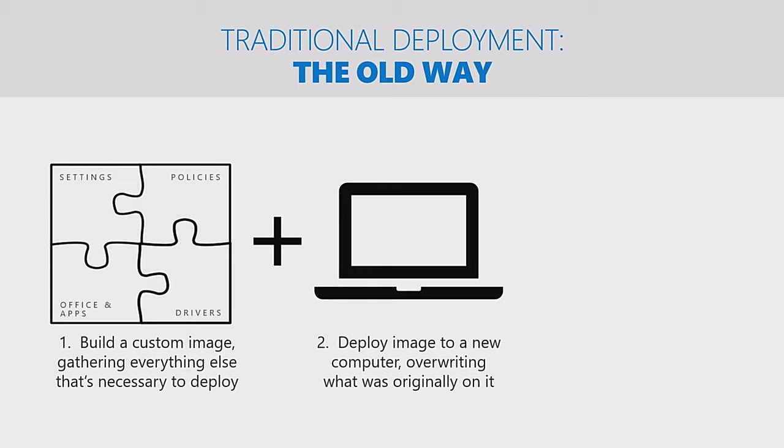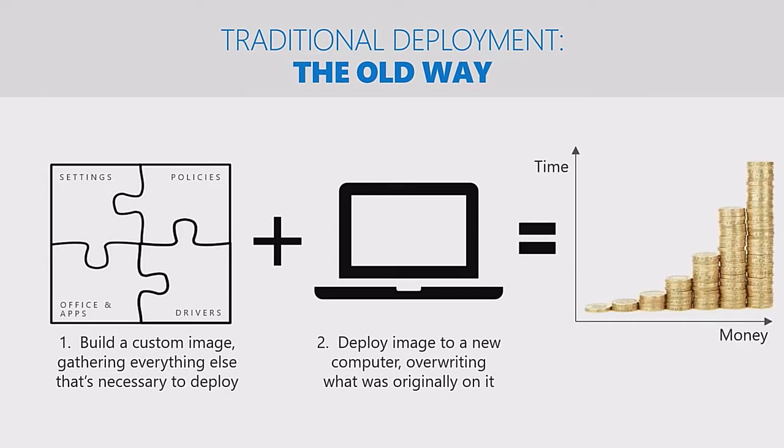You would make sure that you have all of the apps ready to be installed either on top of that image or as part of that image. And then you build up a process around that to actually make that happen. That is certainly doable, but if you do that, it's costing a lot of time and money to create the image, to gather the drivers, to really build that process to make this whole thing work.